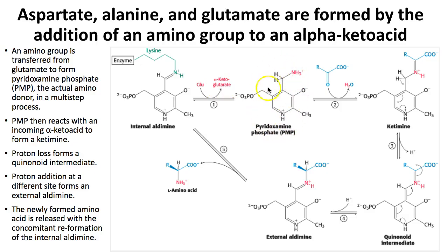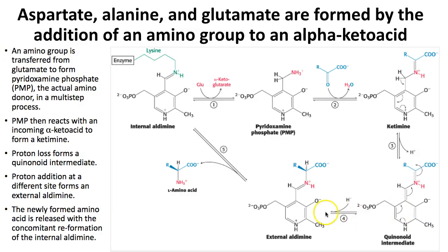This is called the PMP structure, and then from there you have different derivatives of an alpha keto acid that is bound to this free amino group, and that forms this ketimine. Then you have deprotonation to form that quinonoid intermediate.